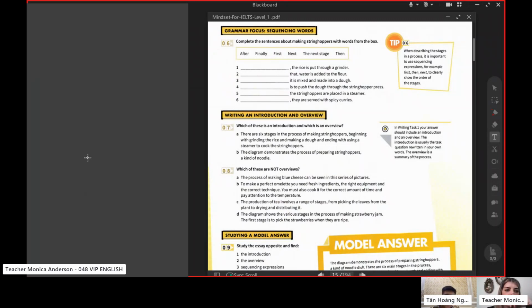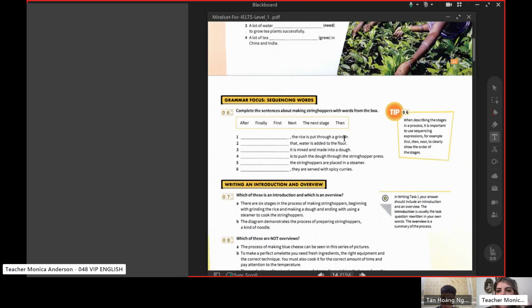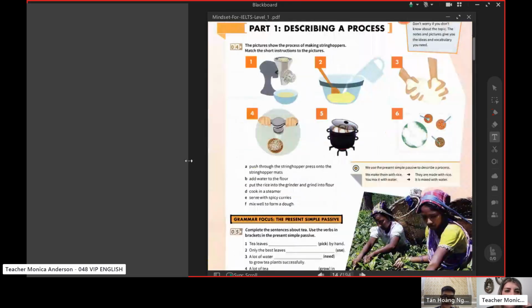But I don't remember the process of string hoppers. Okay, you don't remember the process? Okay, let me show you again. You can see.